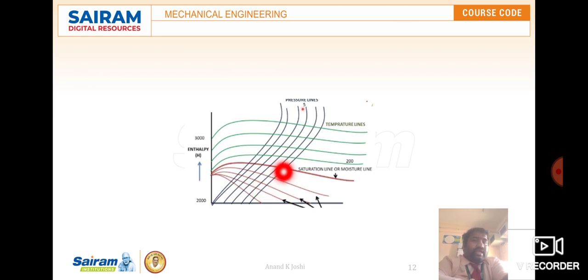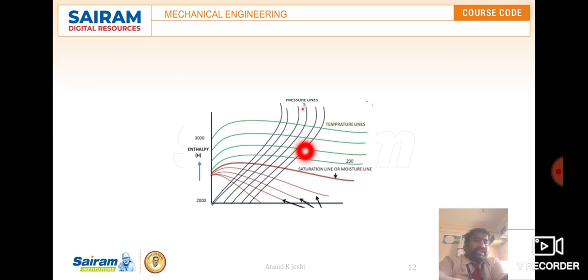And suppose on this graph you want to calculate a throttling process, and under this throttling process you want to calculate various parameters like pressure, temperature, and so on. What you have to do is first identify point 1, that is state 1. Initially at point 1 the process takes place at a certain pressure, say 10 bar, and later it is throttled and the pressure becomes 8 bar, so 10 bar to 8 bar.